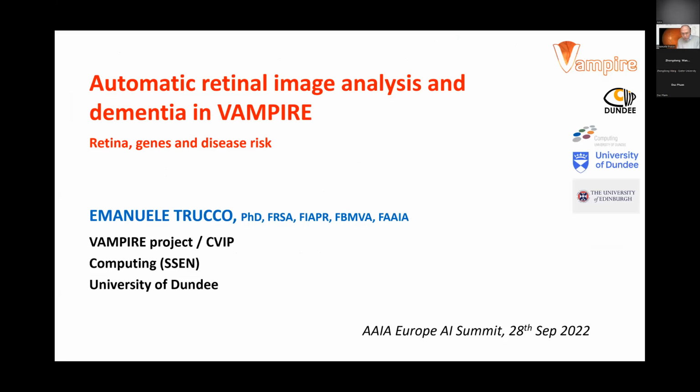Okay, so my talk today is a general introduction to our research on retinal image analysis, and specifically biomarkers for systemic diseases. This is focused on dementia. It is of necessity a part of the work we've been doing in the best part of the last 20 years.